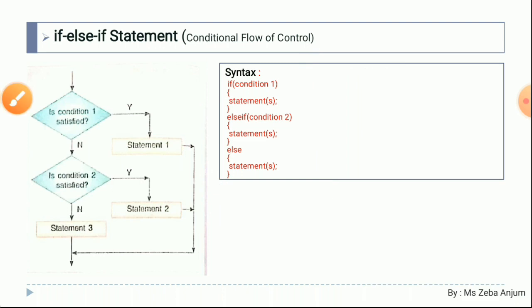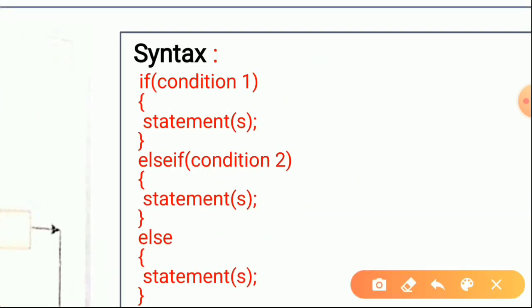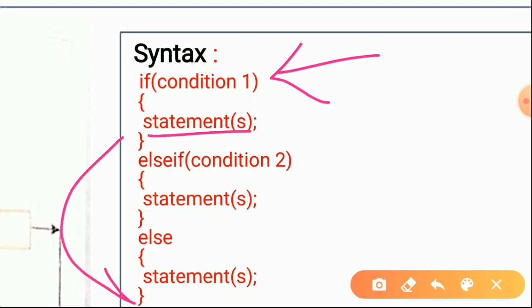Okay, now see the first condition. Assume that your condition 1 is true, then only these statements will get executed and your compiler takes you outside this if else if construct. If this condition is false, then condition number 2 is going to be checked.